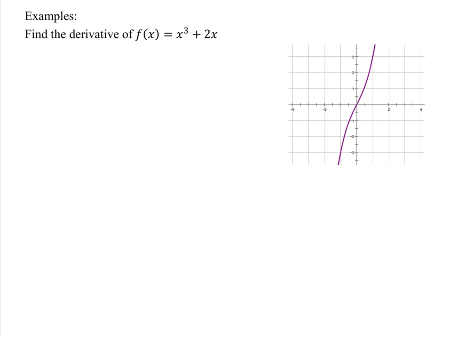So we want to find the derivative of f of x equals x to the third plus 2x. The process is the same. Let's set this up. What will I write? Okay, so f prime of x equals the limit of f of x plus delta x, finishing off the first part.